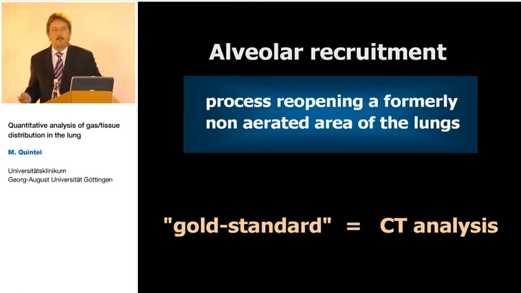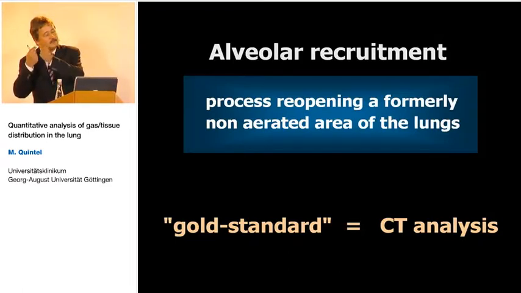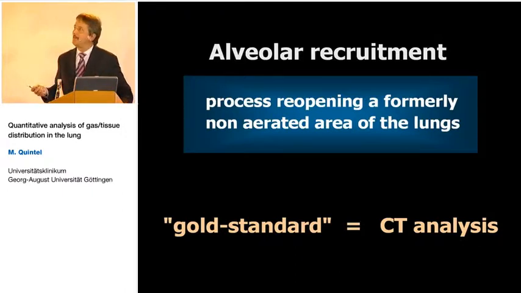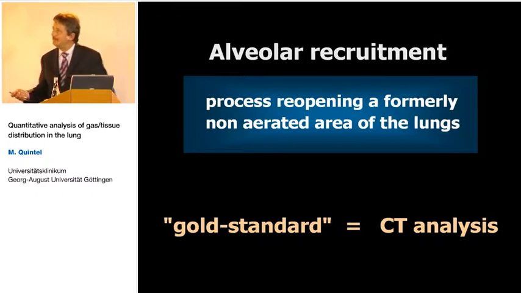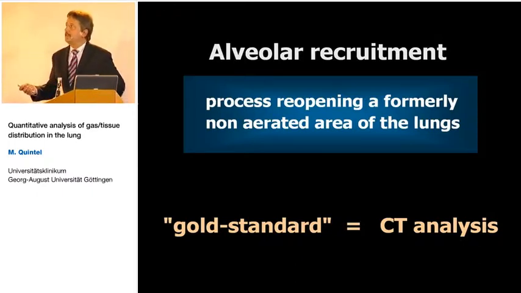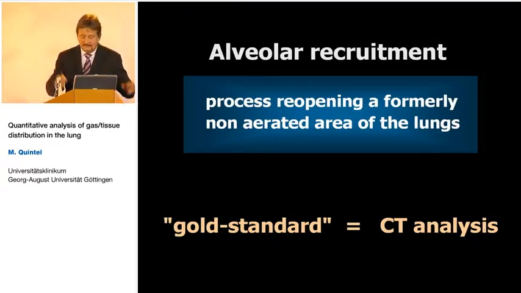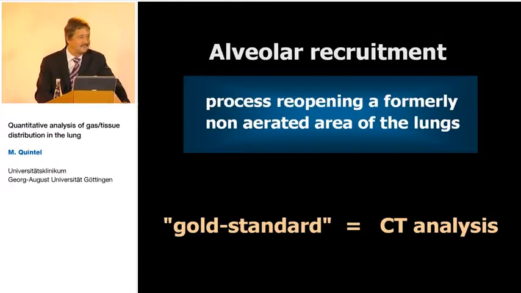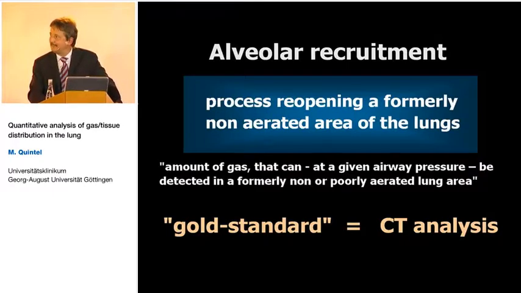So that's what you have learned before, and we have learned that we probably have to change our minds about what alveolar recruitment really means. But easily said, it's the process of reopening a formerly non-aerated area of the lungs. And the gold standard, I'm trying to convince you, is still today the CT analysis.